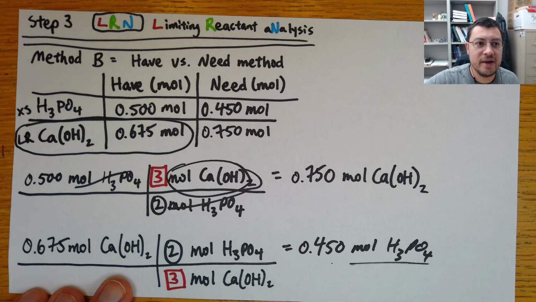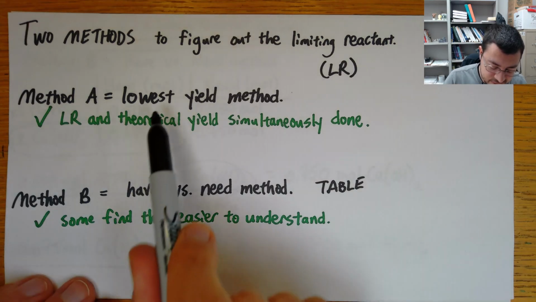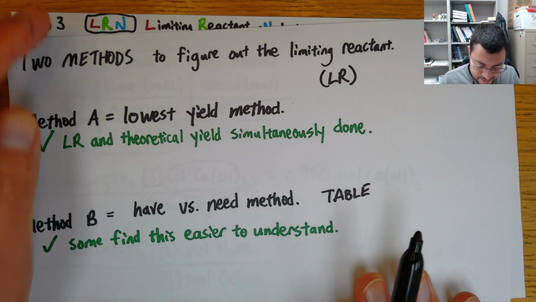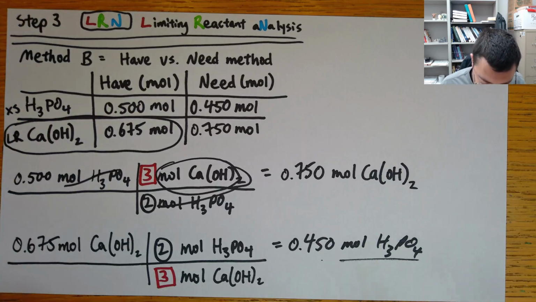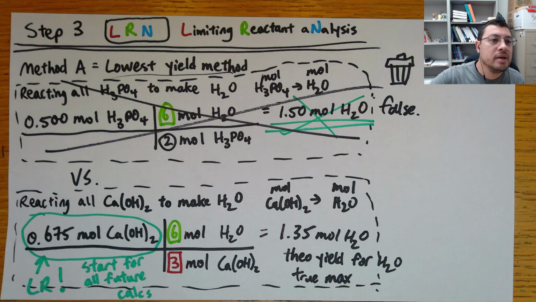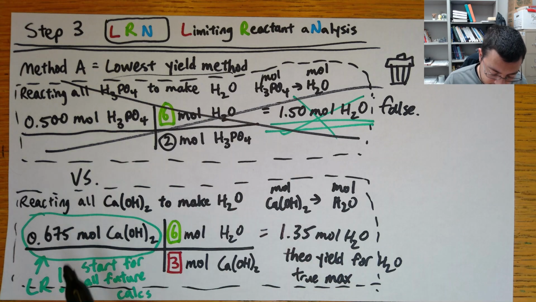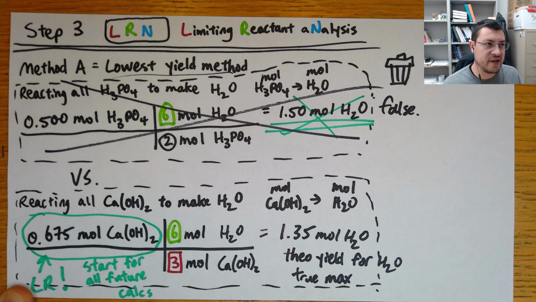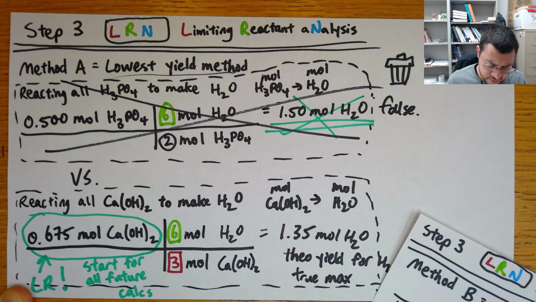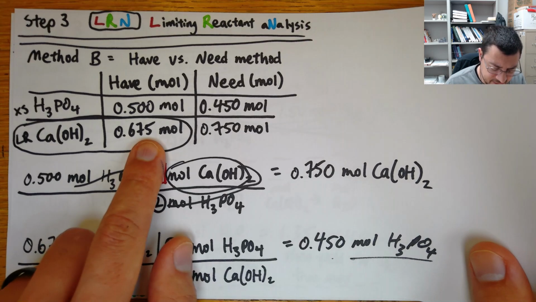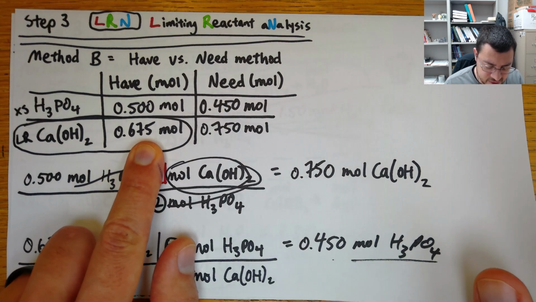Method A was the lowest yield method. There it is. In our method A lowest yield method, we also got calcium hydroxide to be our limiting reactant. Same result.